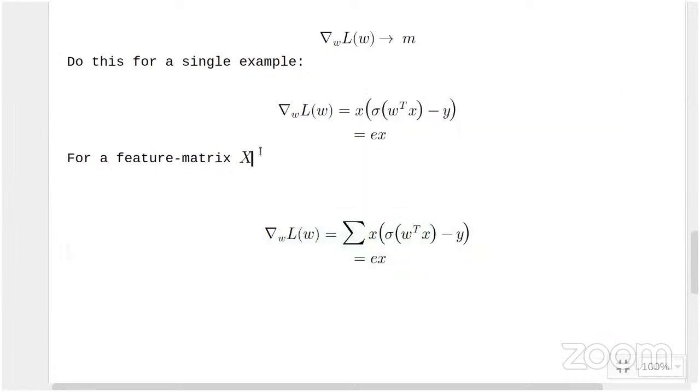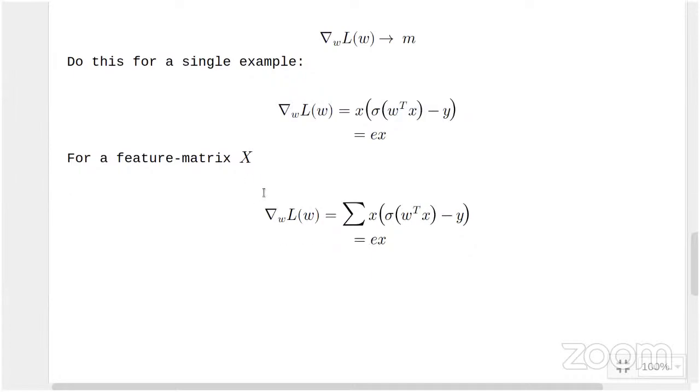This is something I want you all to know. If you have the data matrix X, what can you say about the rows of capital X? Are they the features, or the number of samples? Each row corresponds to one data point, right?